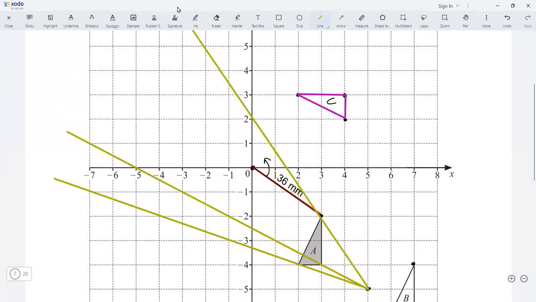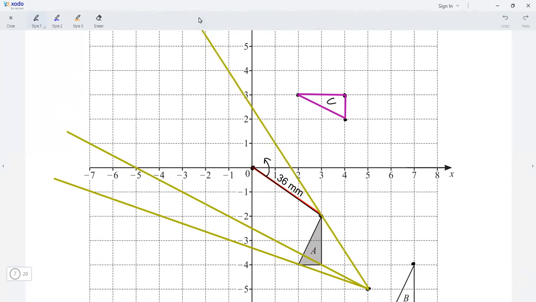Similarly, passing from here, it will be looking like this. Now you can see the difference here is exactly 6 units. From here till here, the difference is 6 units. So these two are the points.